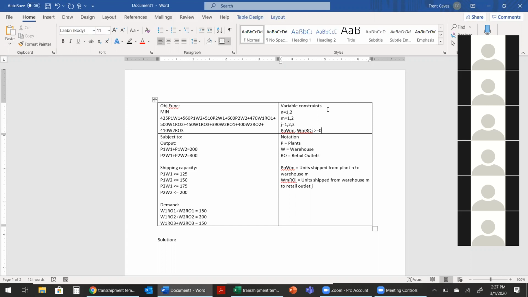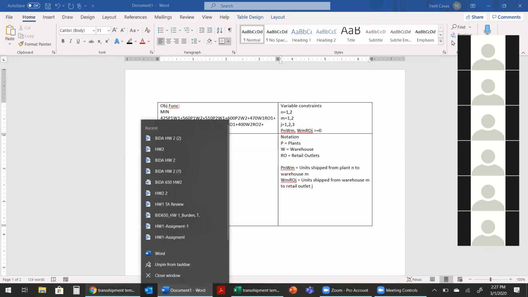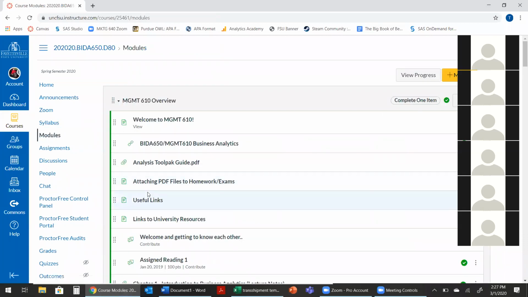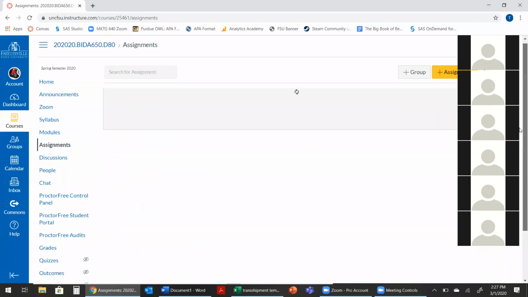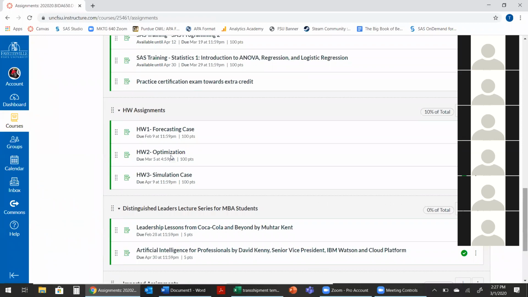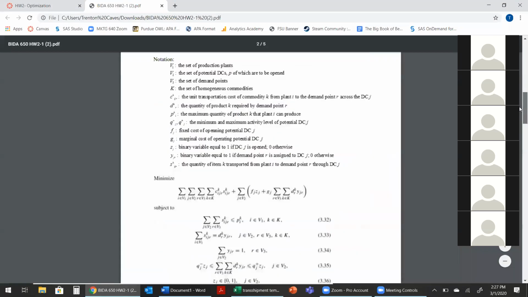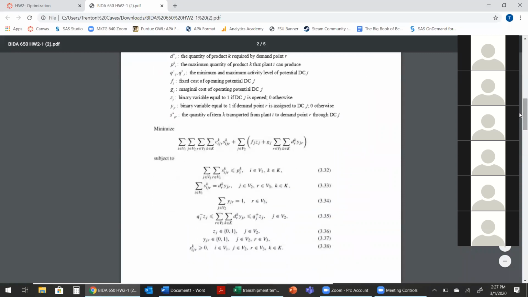So, if you'll look at the notation that is provided in question 3, all right.